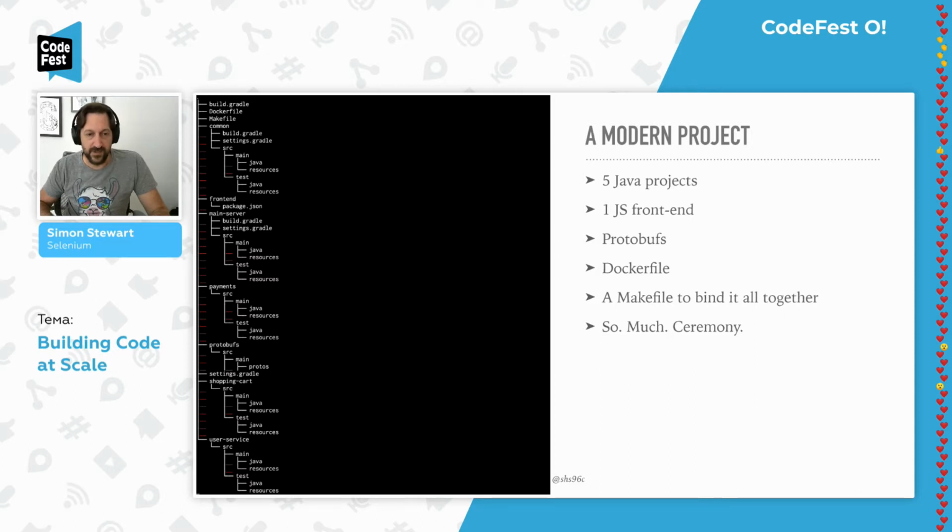Now, the reason for this is that the projects written in Java follow the normal Maven project structure, which is to have a source, main, Java directory, test directory, and to then put protocol buffers and things like that in these well-known locations. And the advantage of that is obviously that you can find things really easily, and you know exactly how things are done, and you can have convention-based builds.